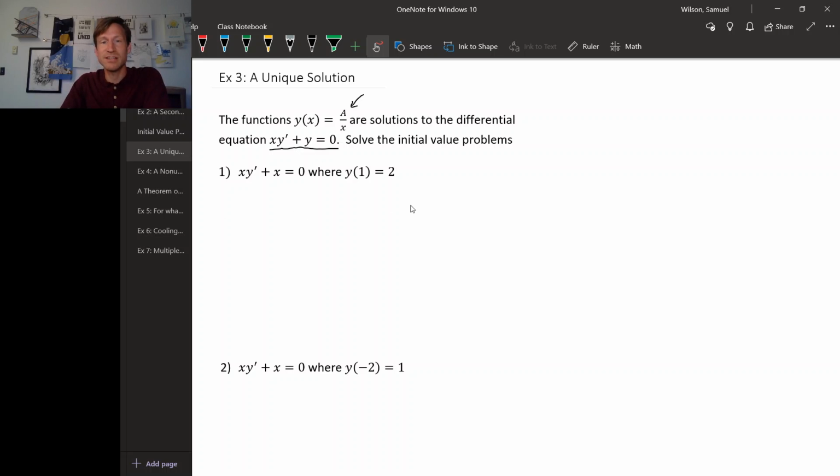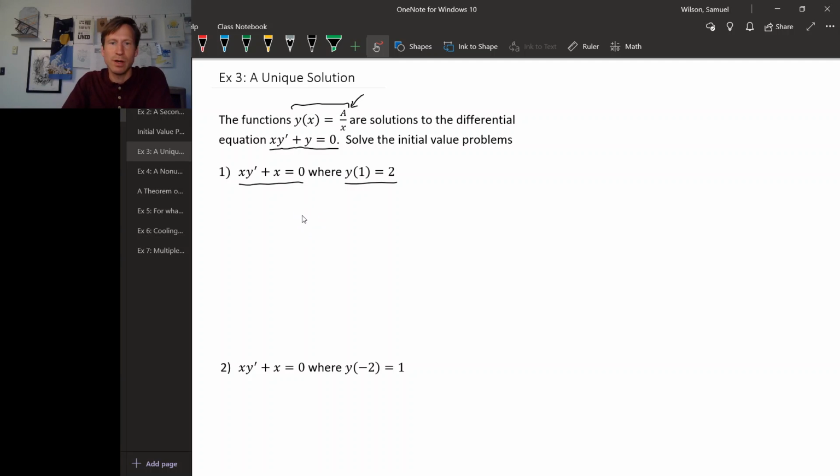So let's solve some initial value problems. First, let's solve the initial value problem where we have our differential equation and this initial value, y of 1 equals 2. To use this initial value, we just need to plug it into the general form of our solution.